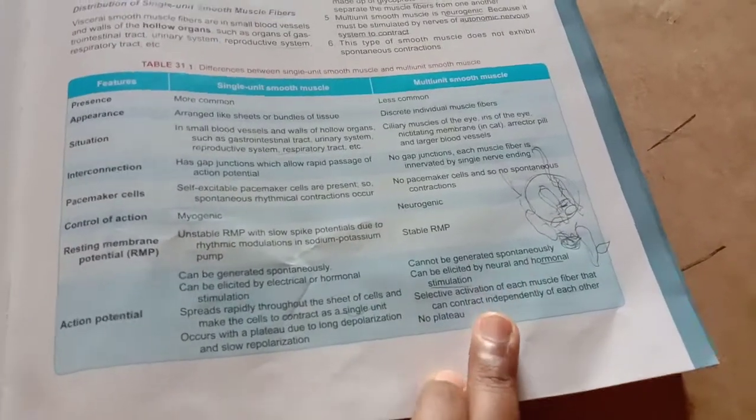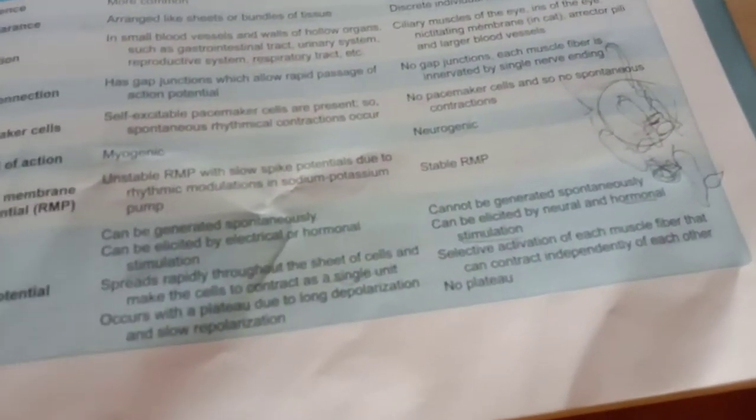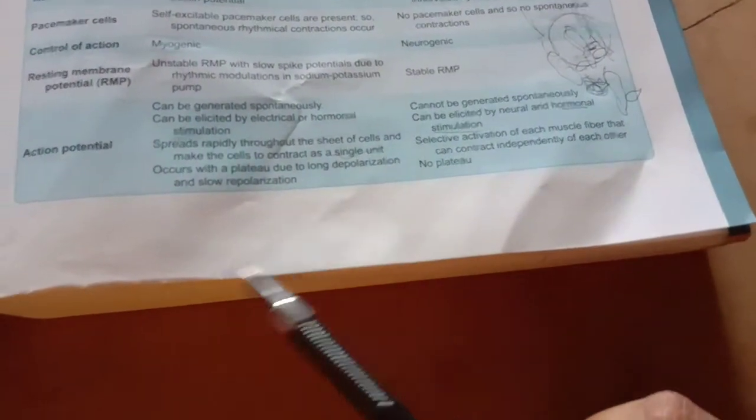Whereas in multi-unit smooth muscle, the fibers function only individually. They will not contract together as a single unit. No plateau, and repolarization occurs.